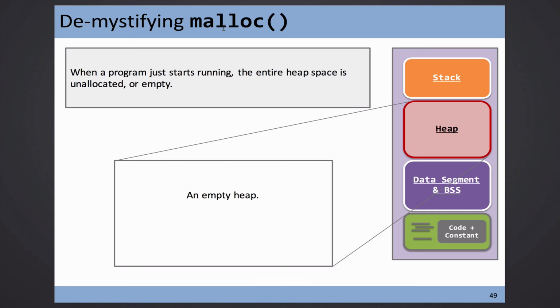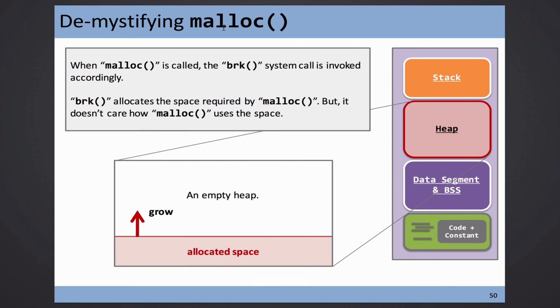Now after you call malloc, basically the meaning of malloc is to grow, just like a water level. This is the water level, this is the water tank. You want something more? I raise this bar, and this bar has a name. In some very old books we call it the break, the memory break, B-R-E-A-K. This break will grow, and if you cross the break line you will have exception points, whether you go to read and write.